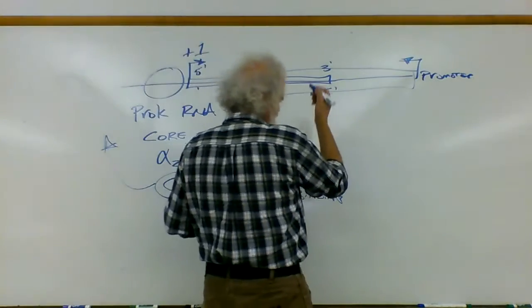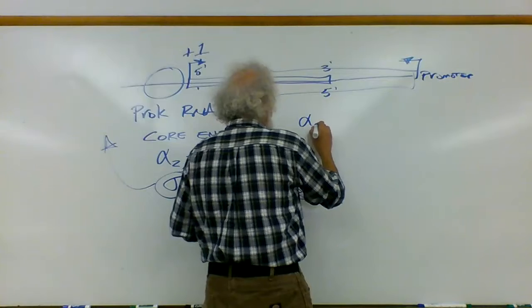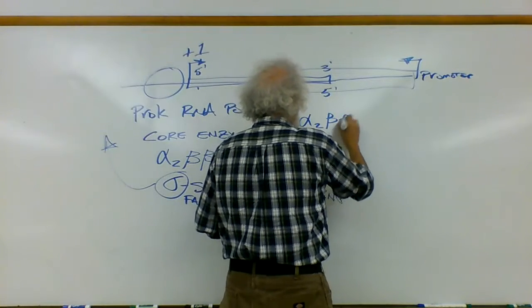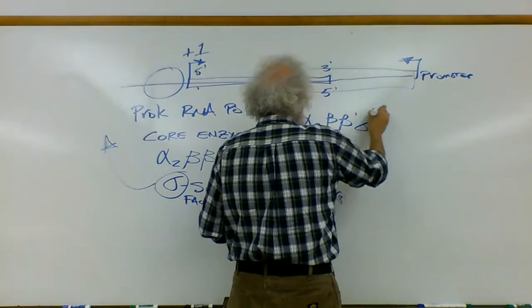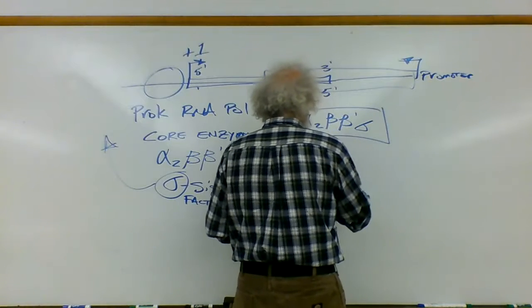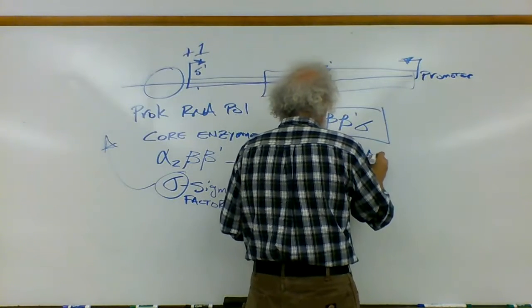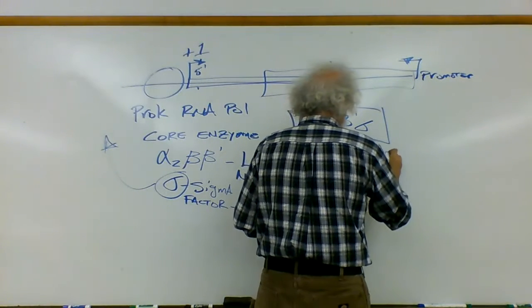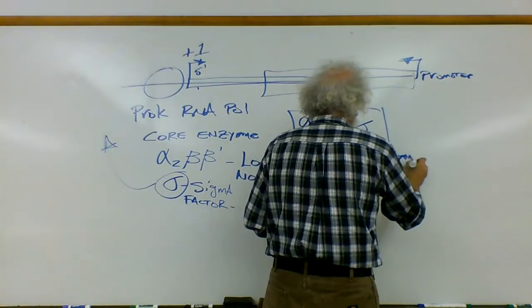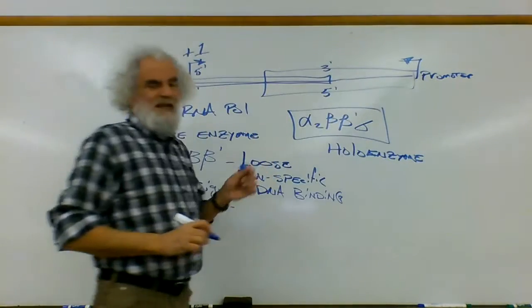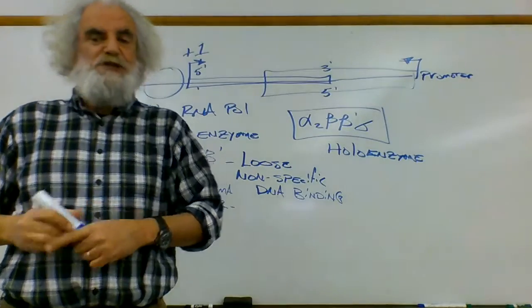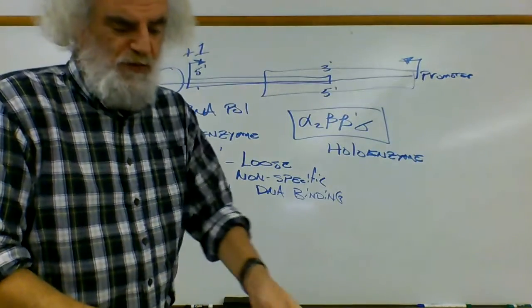And so, just as a little vocabulary word, the alpha 2 beta beta prime sigma, this is known as the holoenzyme. And this exhibits very tight specific interactions with the promoter.